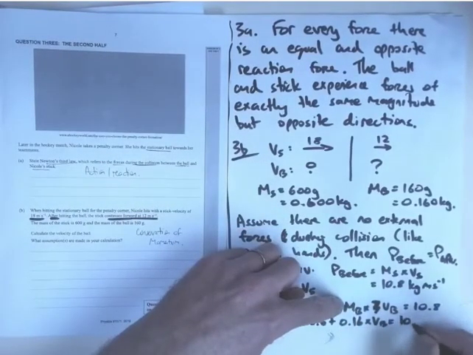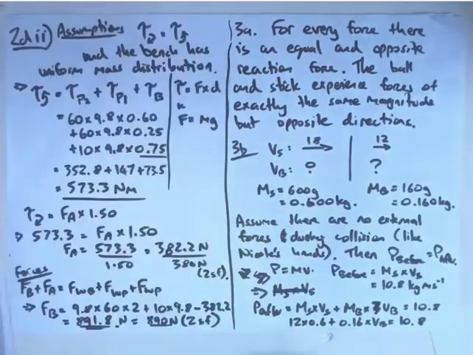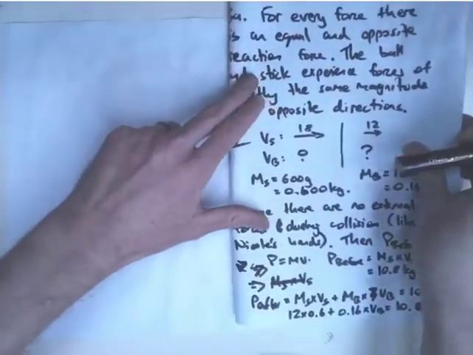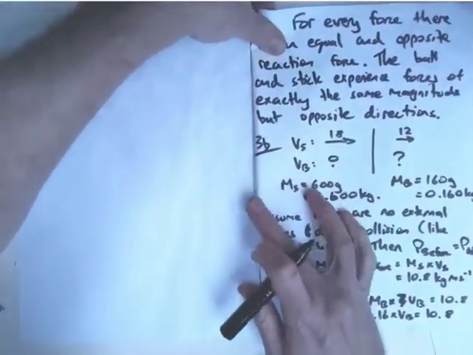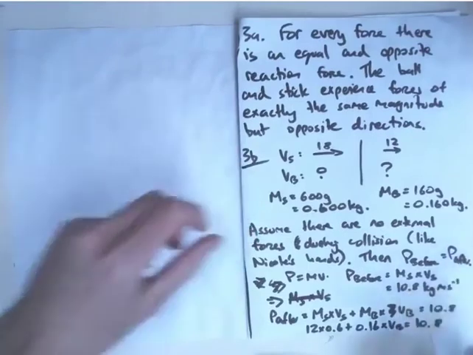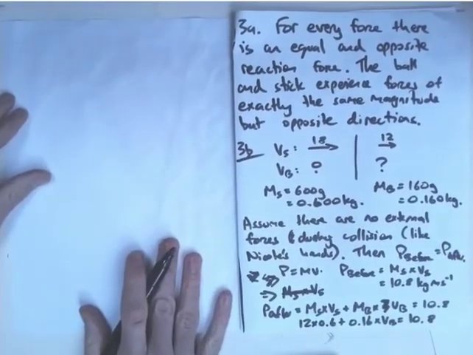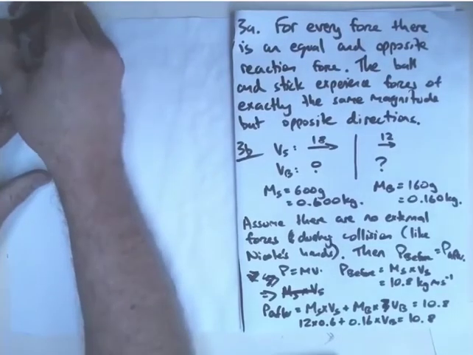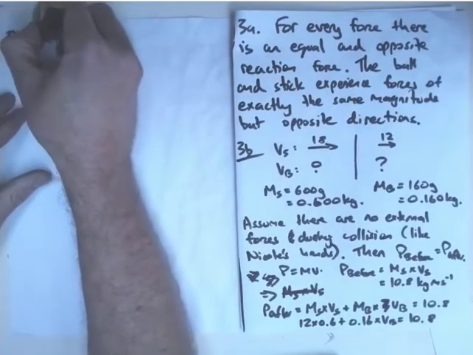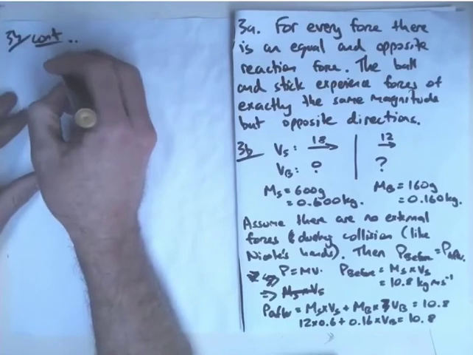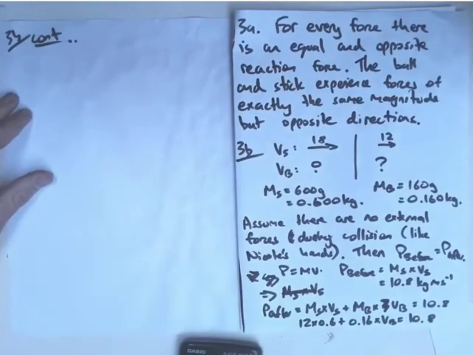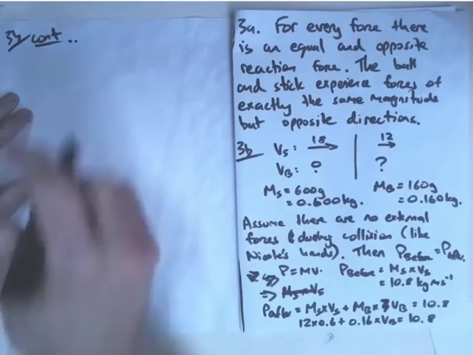So we put that together, and we get that 7.2, that's the momentum of the stick after, plus 0.16 times the velocity of the ball equals 10.8.